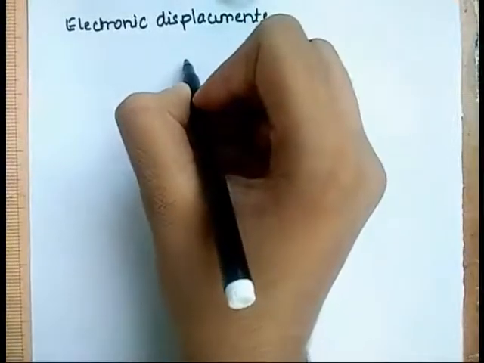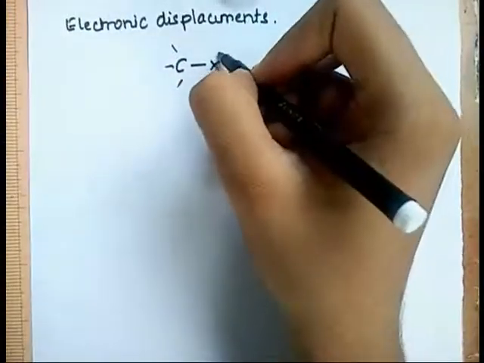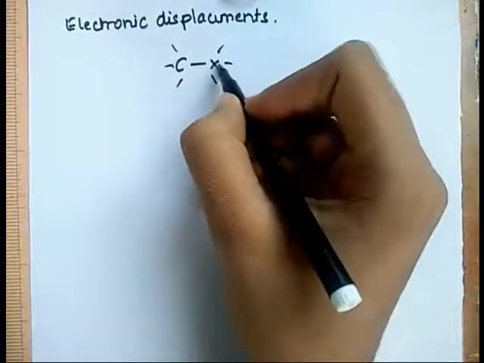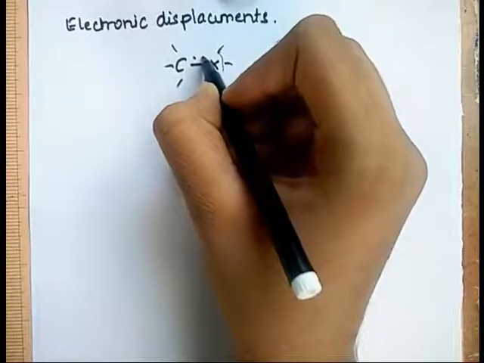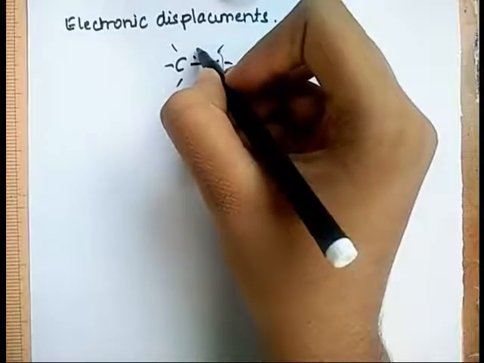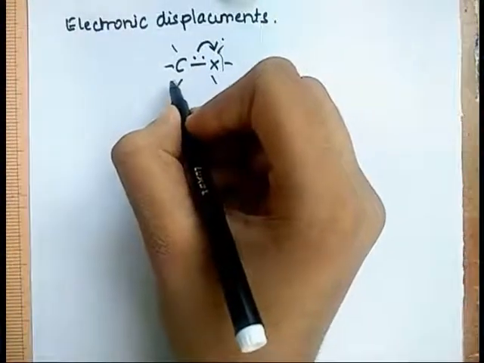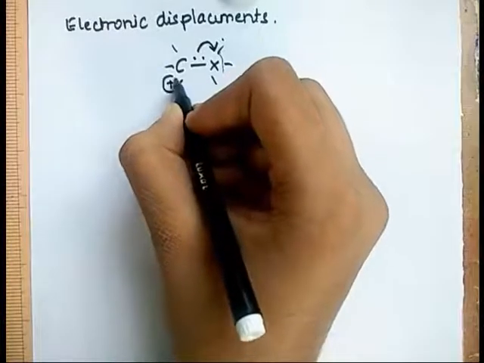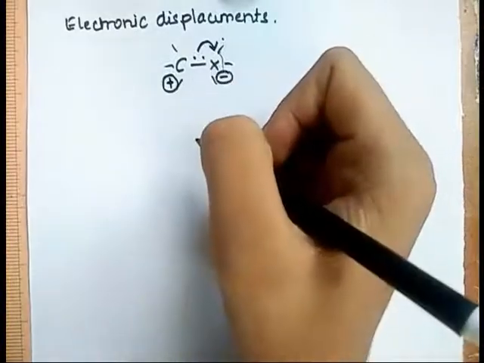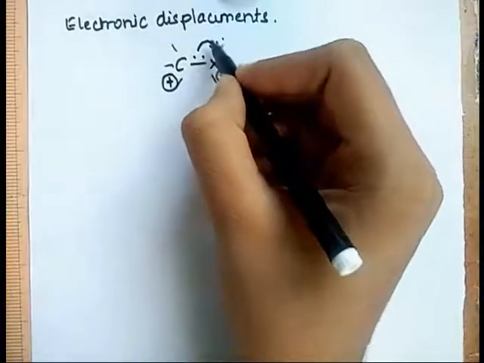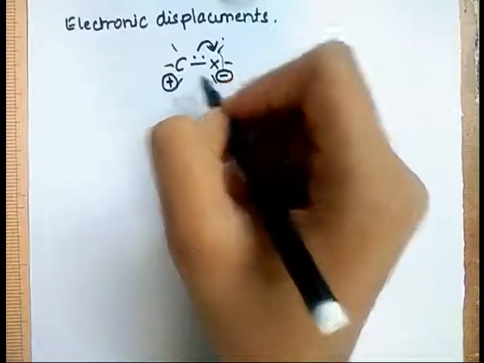If this is a molecule, whatever the valency of this atom may be, now this is the bond pair. The shift of the electron pair towards one atom creates a positive charge on the electron deficient atom and a negative charge on the electron rich atom.